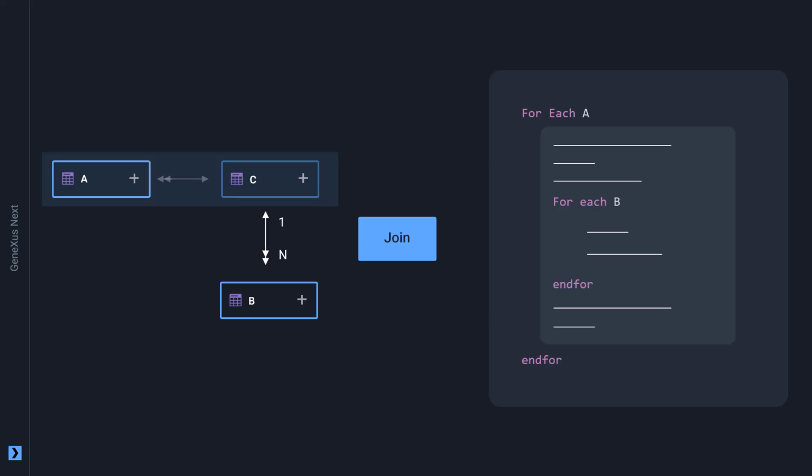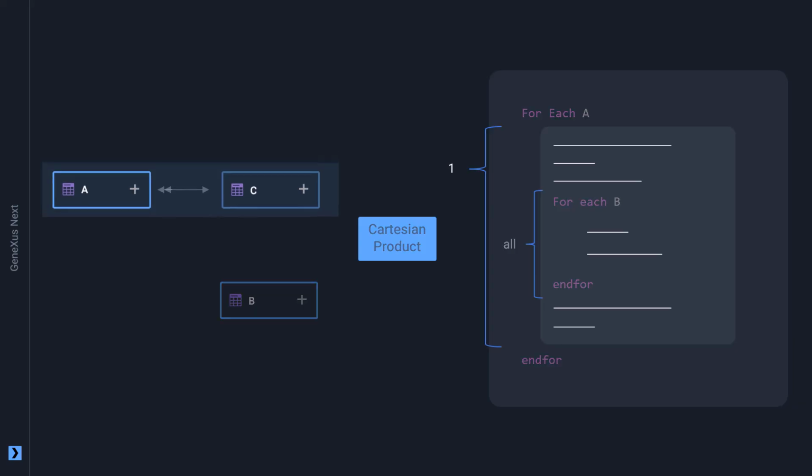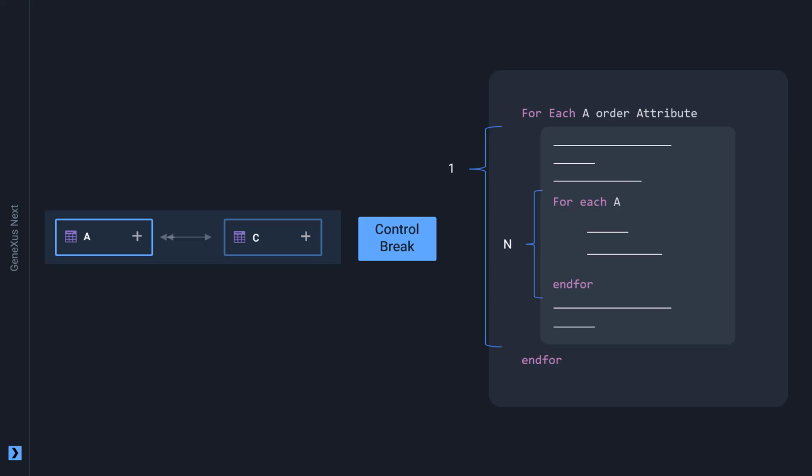That is, for each record in the main navigation, in the nested navigation, only consider the related records. Only when it doesn't find that somewhat direct relationship will it perform a Cartesian product. That is, for each record of the main one, it will run through the entire table of the nested one. Finally, we mentioned one last case we didn't go into, which is that of navigations on the same table.